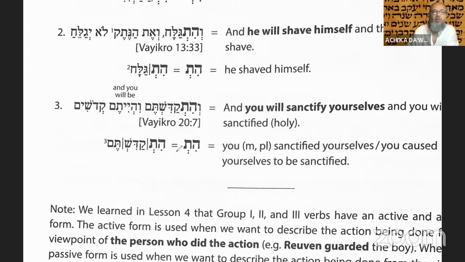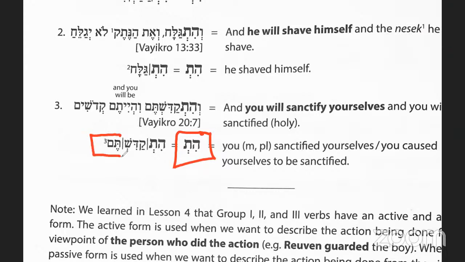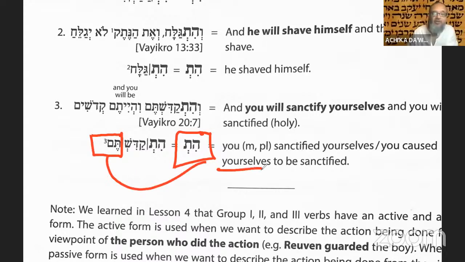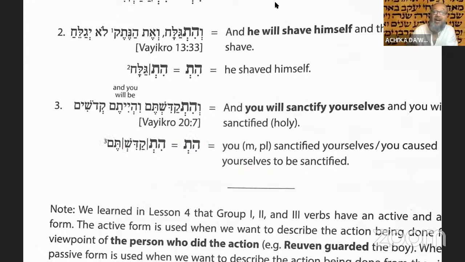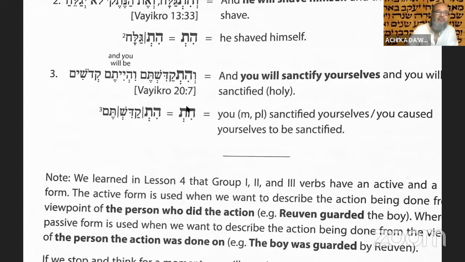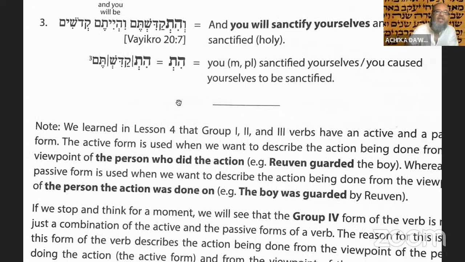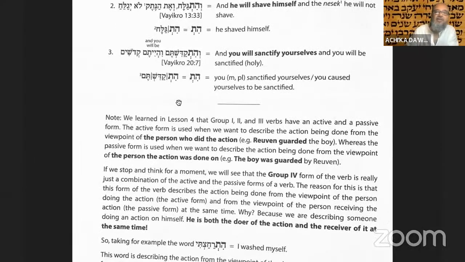The point again, all we want to focus on is this. That means you're doing something on yourself, because it is a "you" plurality, you yourselves. You're causing yourselves to be sanctified. That's what it is. All right, so let's look at this. Oh, you see what they did?